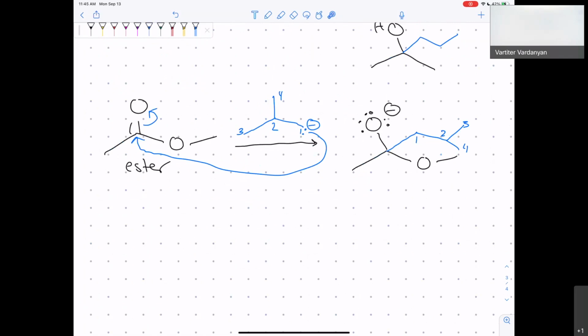Alrighty. What do we think could happen? You could protonate, or if we think about a reduction reaction with an ester, what else could we do? Yes, we can.